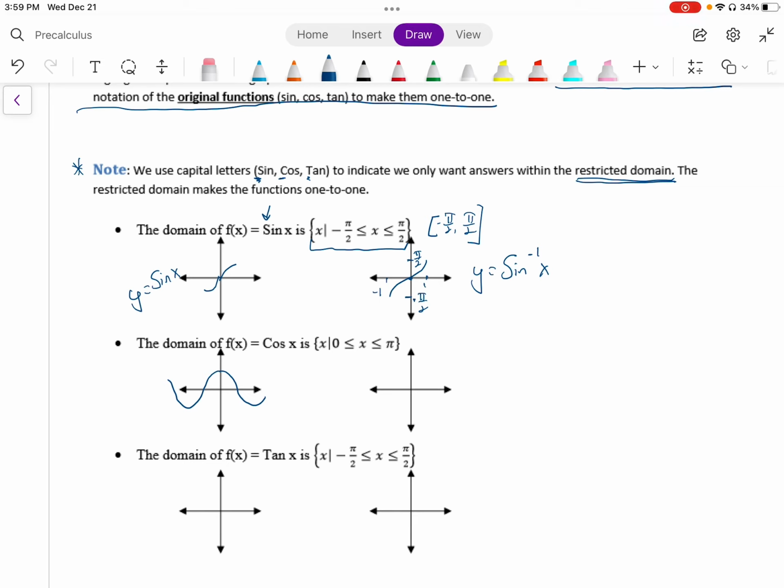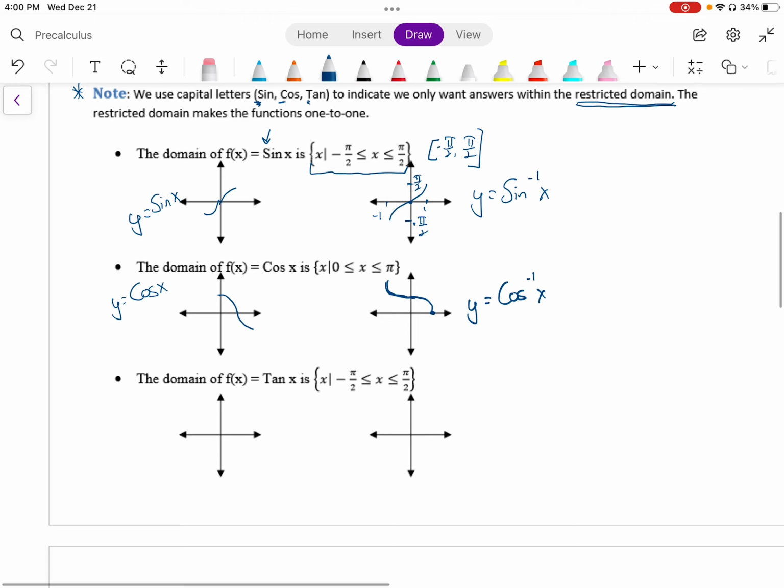And it keeps going, but again, if we want to do y equals capital cosine, I think I might have said that wrong earlier, we would restrict our domain to just 0 to pi, and then the inverse of that, y equals inverse cosine, would look like this.